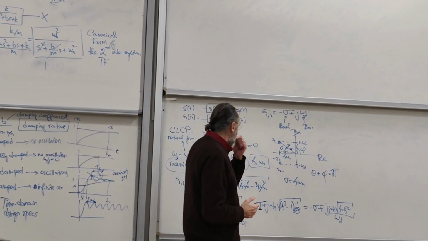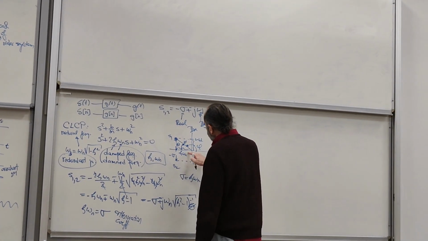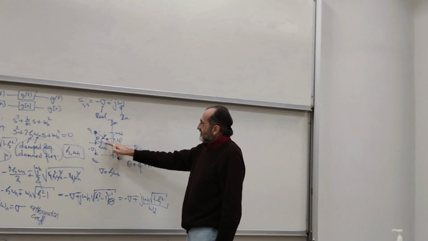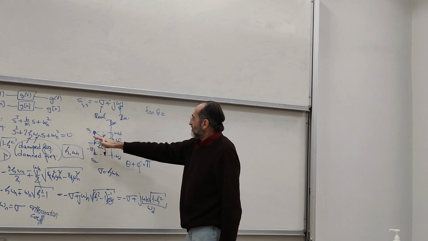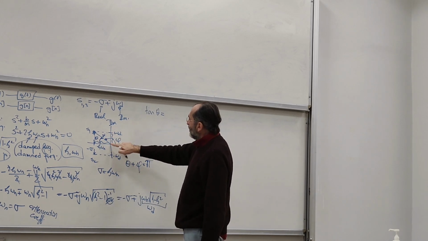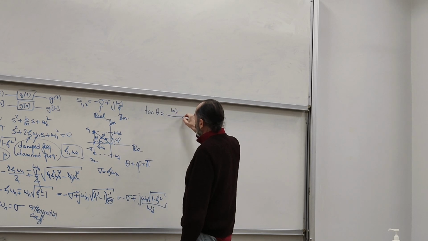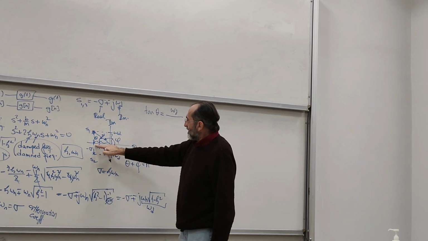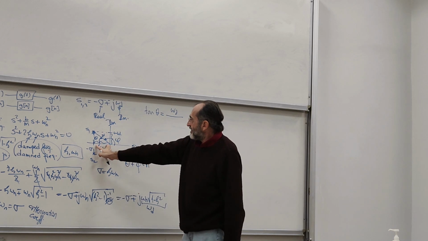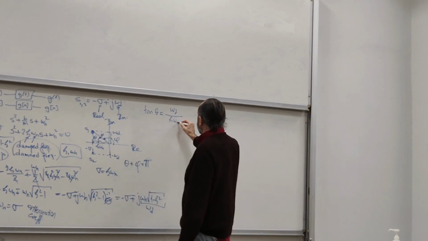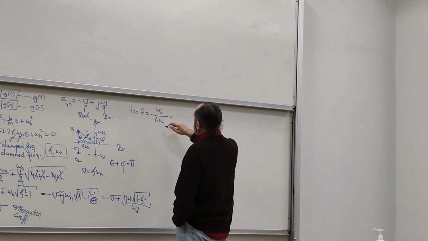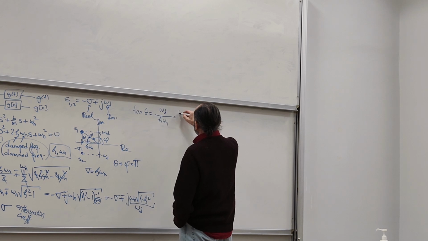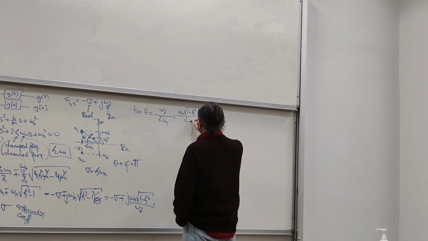And then we see that the tangent of that angle, tangent theta, is equal to omega d divided by the opposite and the adjacent, zeta omega n. Okay? And what is omega d? Omega d is omega n square root of 1 minus zeta squared, divided by zeta omega n.